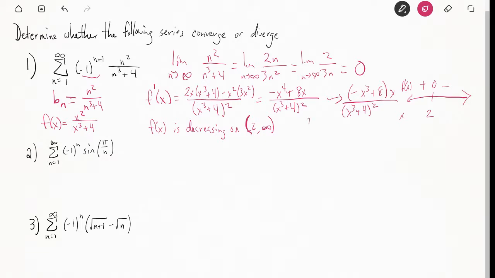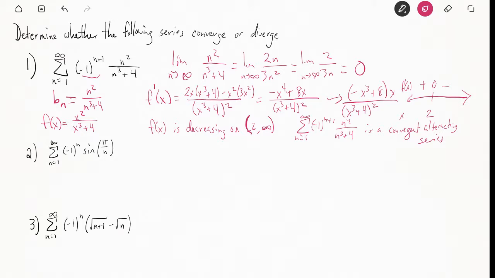So the summation n equals 1 to infinity of negative 1 to the n plus 1, n squared over n cubed plus 4, is a convergent alternating series, since it passes the alternating series test. Hopefully that makes sense on that one. If not, let me know.